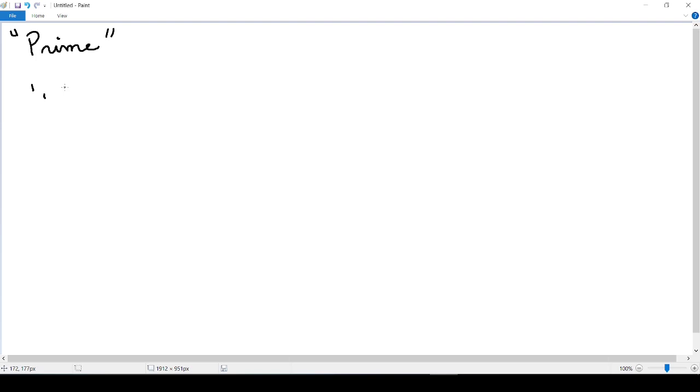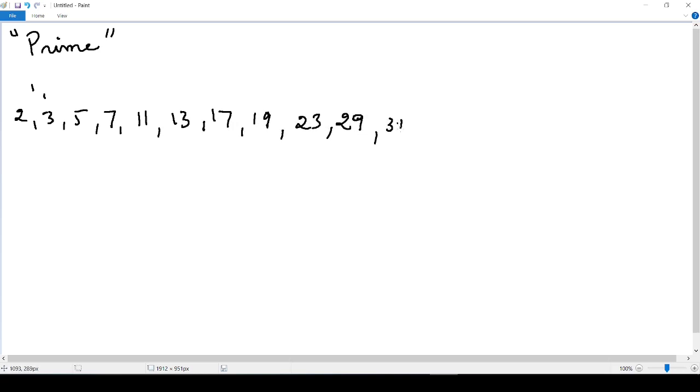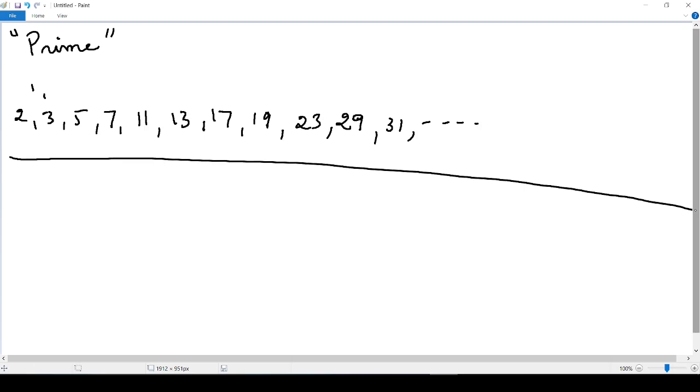So prime numbers are: 2, 3, 5, 7, 11, 13, 17, 19, 23, 29, 31, and more. There are infinitely many prime numbers. Let's open a parenthesis and say that all other whole numbers greater than 1 that are not prime numbers are called composite numbers.